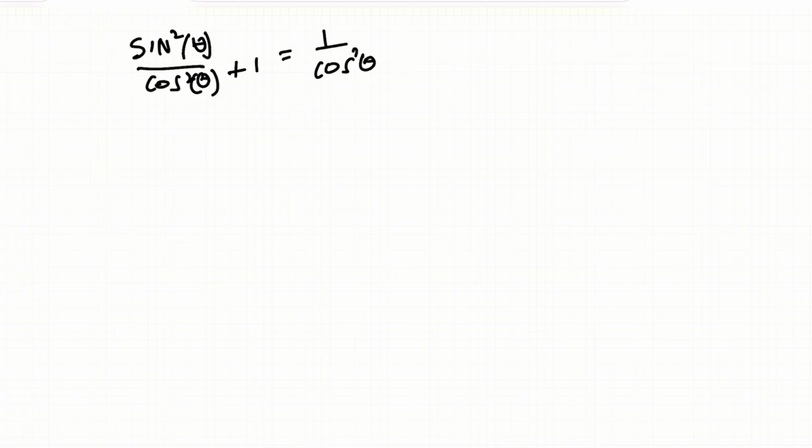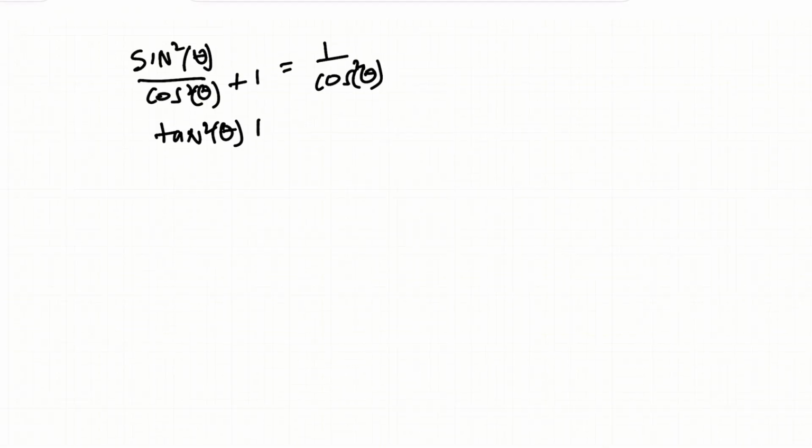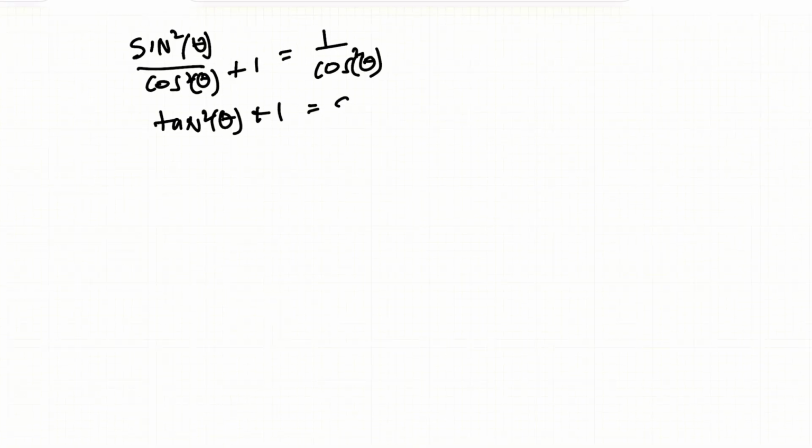So what we know is if we can substitute in this sine squared theta divided by the cosine squared theta plus 1 is equal to 1 over the cosine squared of theta. What we're going to get is the tangent squared of theta using this term right here, plus 1, and then 1 over the cosine squared is the secant squared of theta.